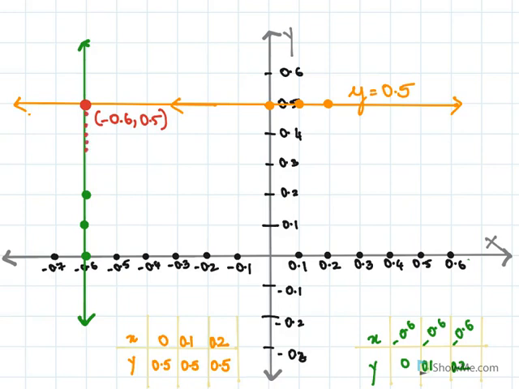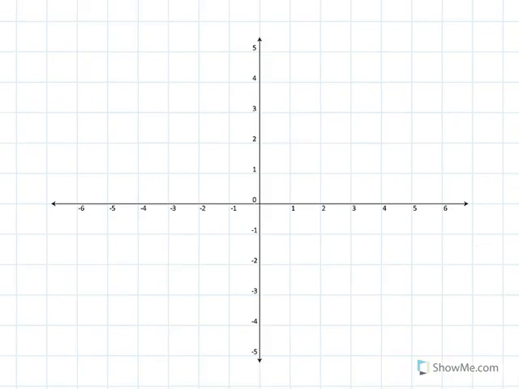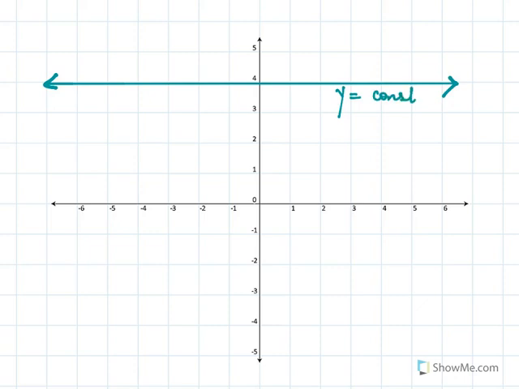Here we have x, and this was our y. So we observe here that any line that is parallel to the x-axis like this, you'll always have y equal to a constant, like y equal to a.